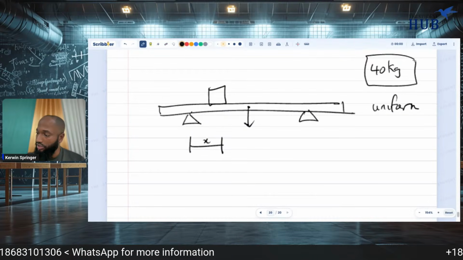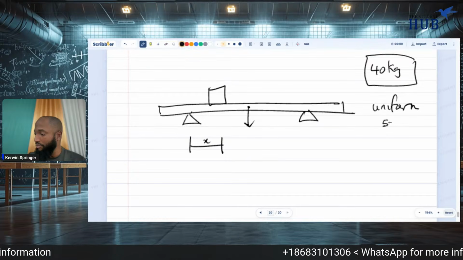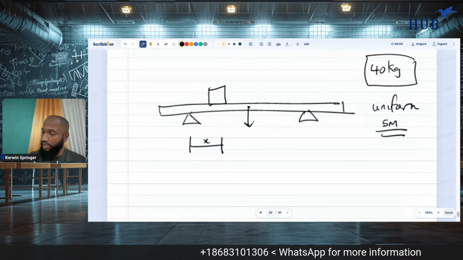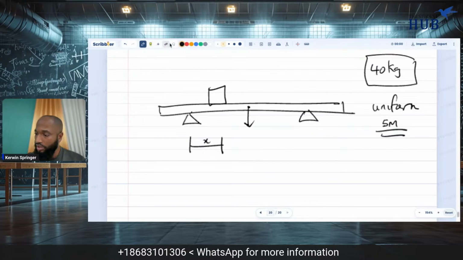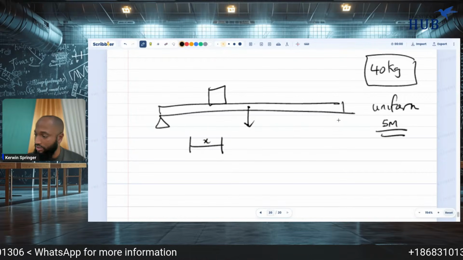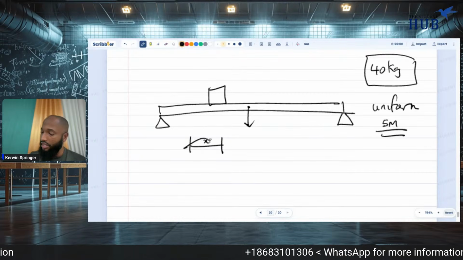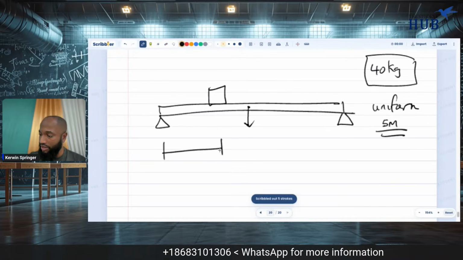This is 40 kg. The entire thing is uniform. It's 5 meters long. Let's actually put them at the end. A lot of times they come at the end, which is a little easier to see. And we are trying to find this distance here, x.